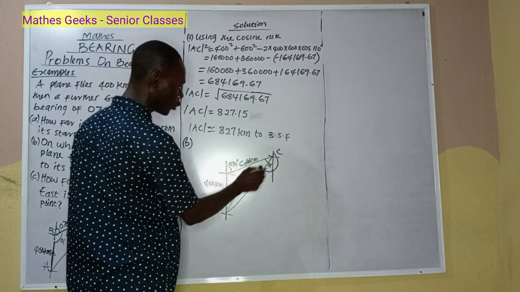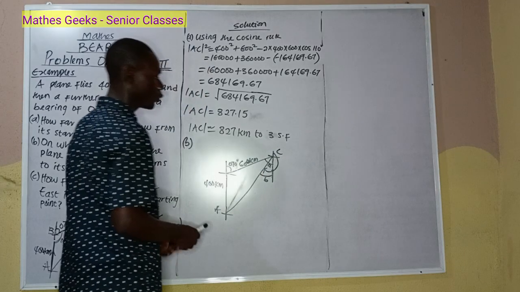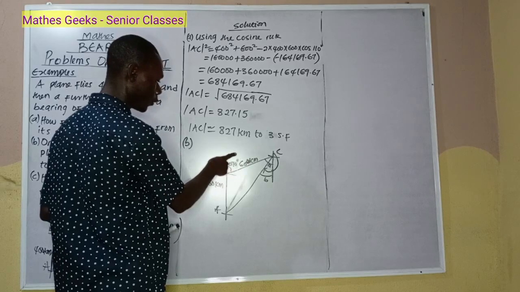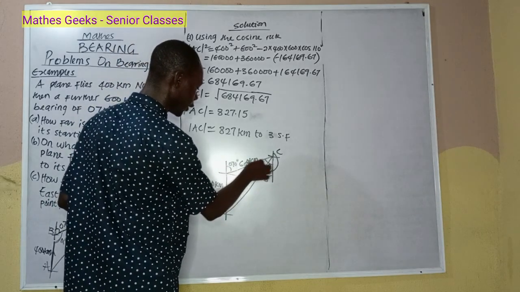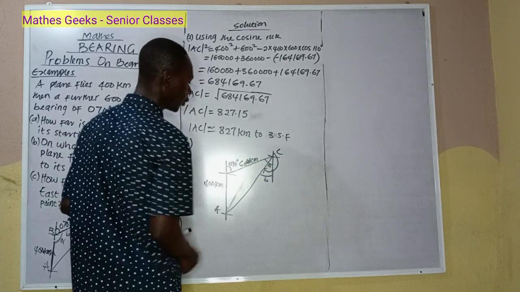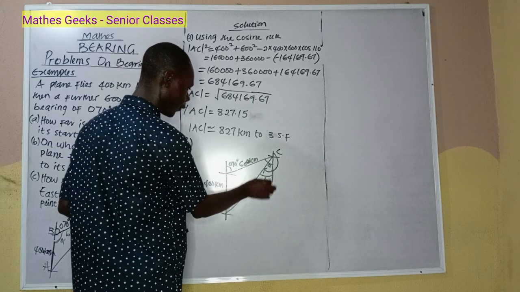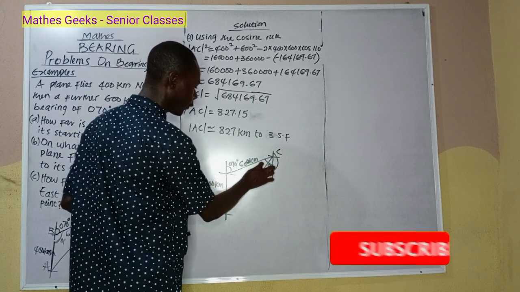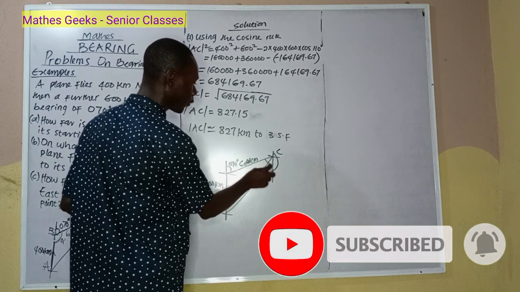What we are interested in is from this line to this line, which we call B. We already know the 70 degrees by virtue of being alternate to this side, but because it is from this point to this point, we need to subtract the value here from it.